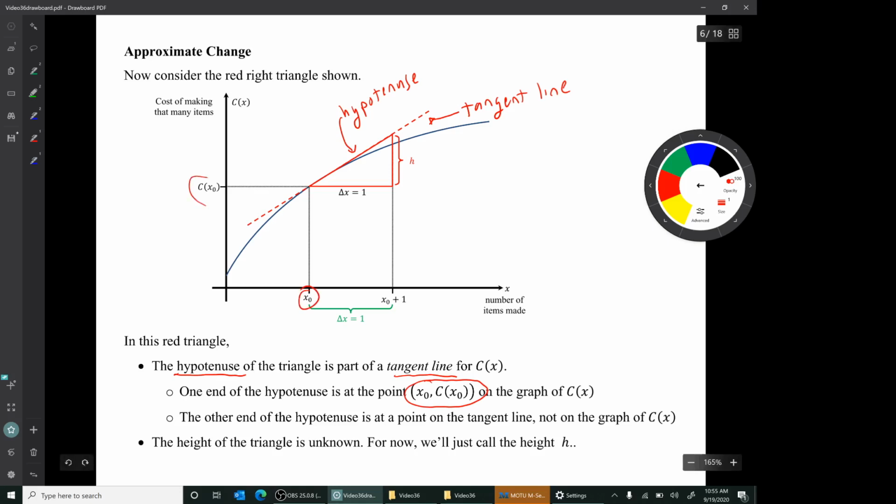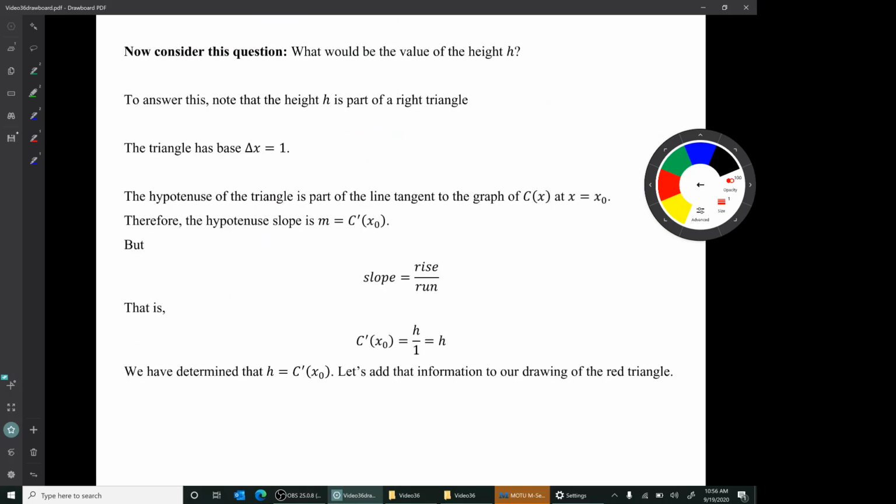So those are the x and y coordinates of this red point. But the other end of the hypotenuse is at this point on the tangent line that's not on the graph of the function. So we don't really have the coordinates of that point. The height of the triangle is unknown. We'll just call the height h. What would be the value of the height h?